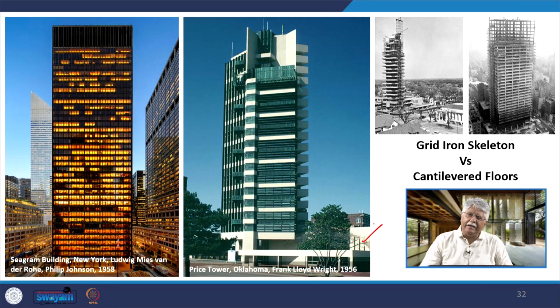Did not really take on, it did not become very popular as a structural frame. In fact, I do not think anybody else beyond Wright was really there who used the cantilever floors in their skyscrapers or the tall buildings. This moment frame was the one that succeeded.